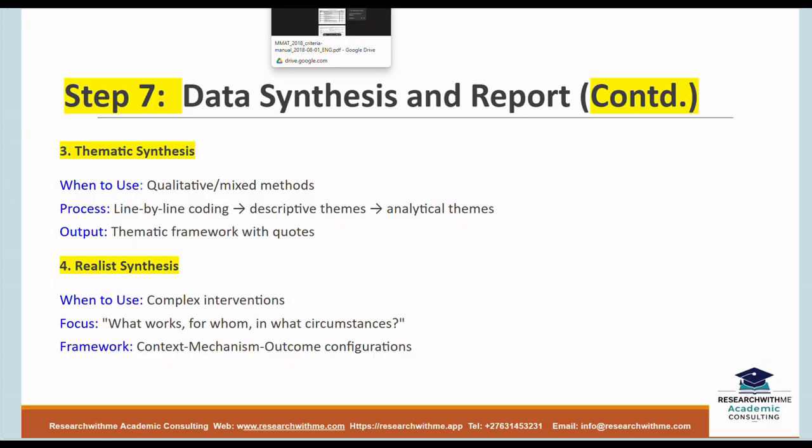But when we talk about realist synthesis or realist analysis, it simply means that the works may not be necessarily related. For example, if a comprehensive intervention is carried out, maybe a policy was rolled out, and it cut across, maybe, education policy.